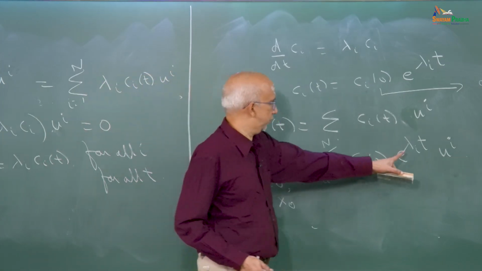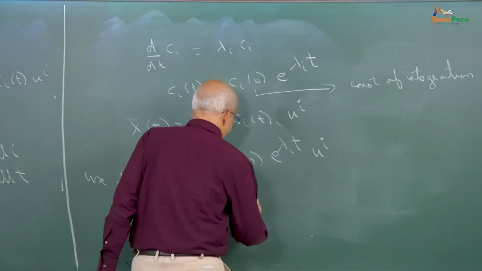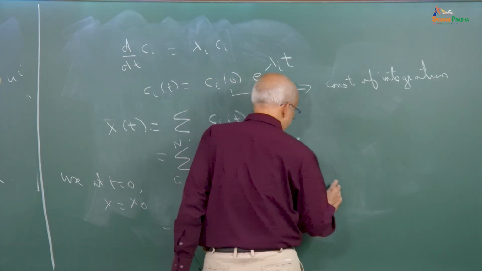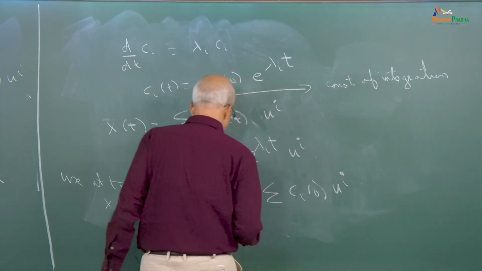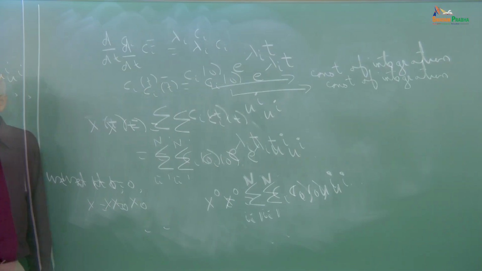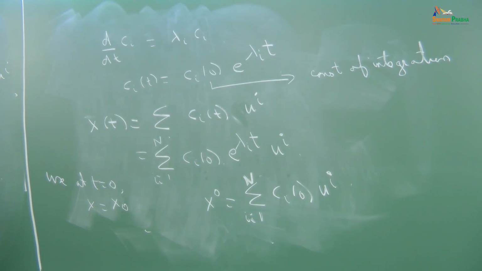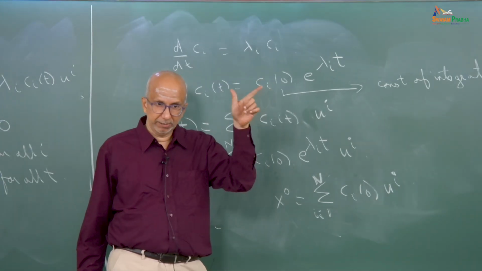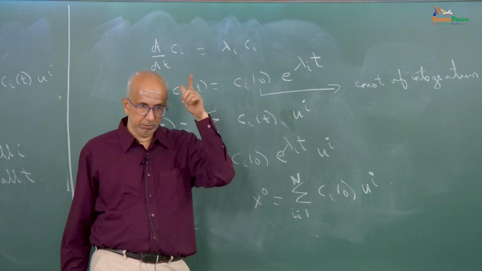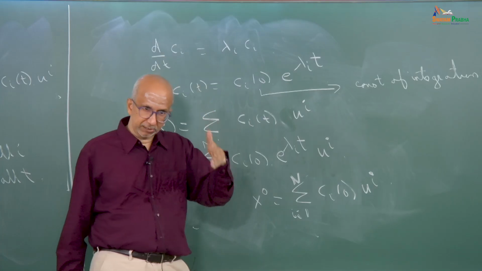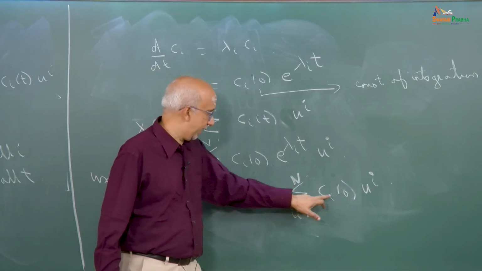So, now if I put t equal to 0, this becomes 1, and I have x naught equals sigma Ci(0) ui, i equal to 1 through n. So, this vector here is known to me. It is something like the b I had in the earlier problem, Ax equals b, b was known. Okay. So, this vector is known because I know the initial condition, and now I can do whatever I did.